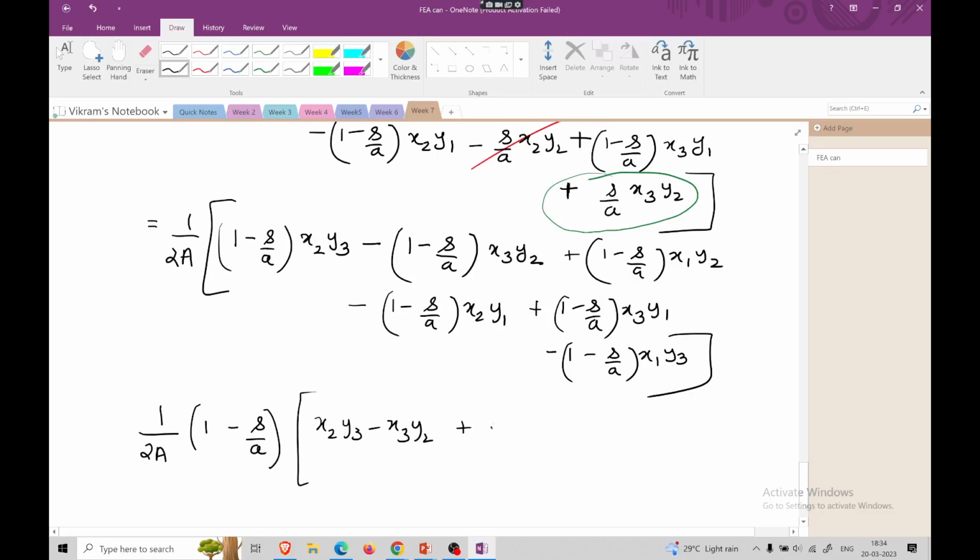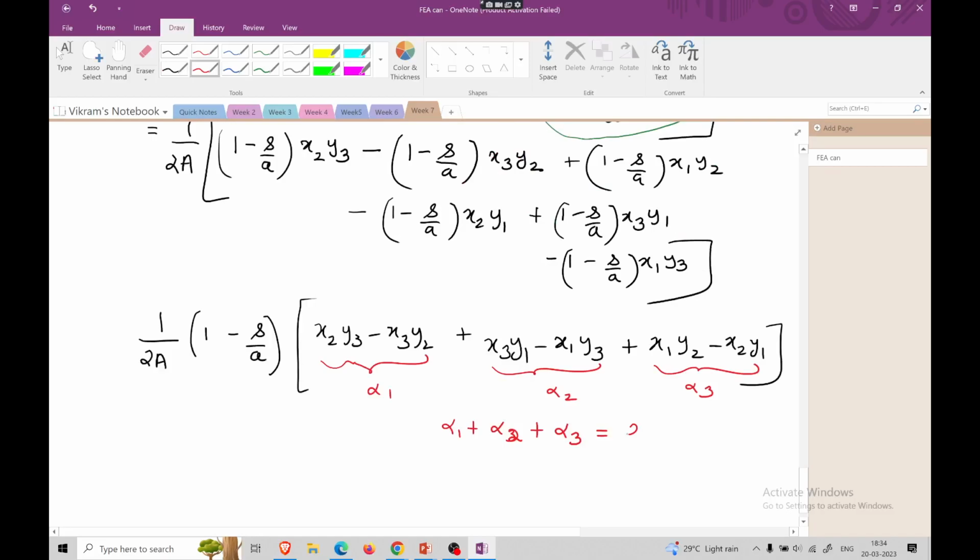So if you recall, this was nothing but my alpha 1, this was alpha 2, this was alpha 3. So can anybody tell what this term is? Alpha 1 plus alpha 2 plus alpha 3, how much will it be? 2 into area. Yeah, 2 into area.